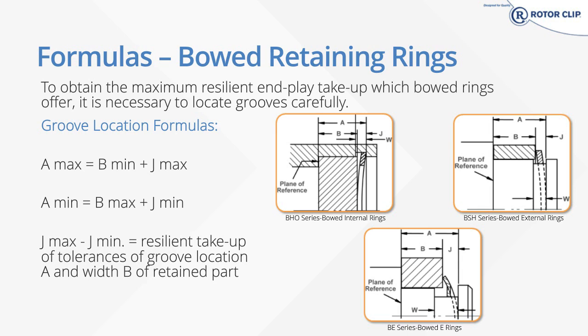The front of the groove should then be calculated to be between Amin and Amax. Amin and Amax being the plane of the location of the front of that groove, always from a plane of reference behind your retained part, not from the front of your retained part.